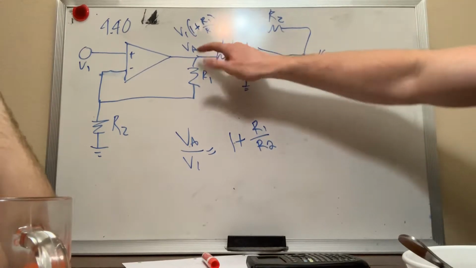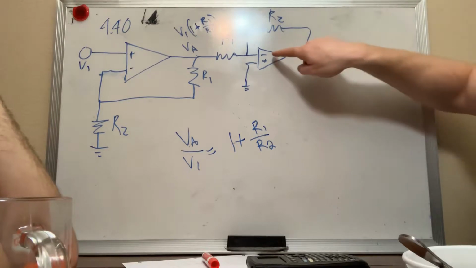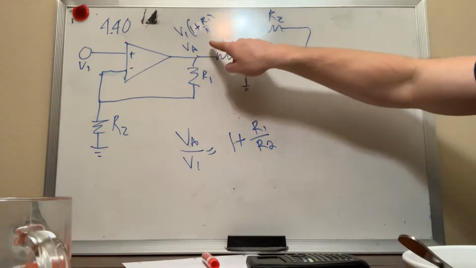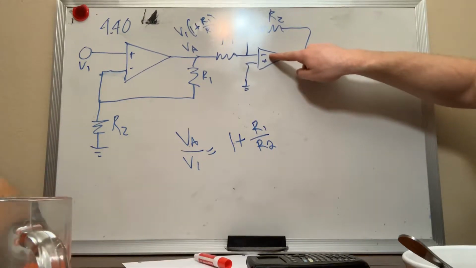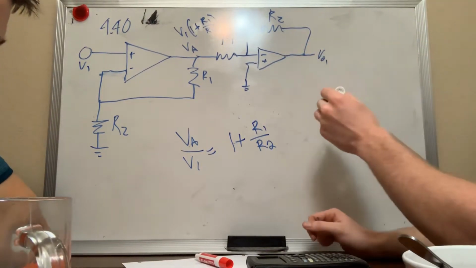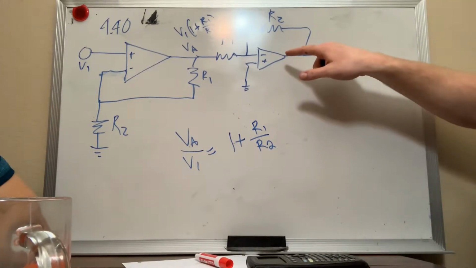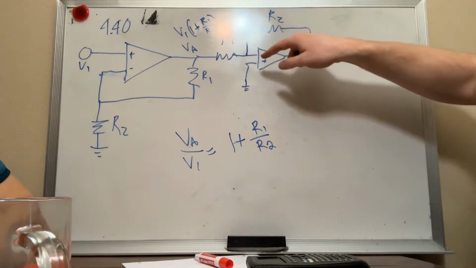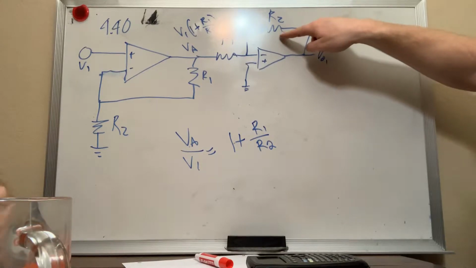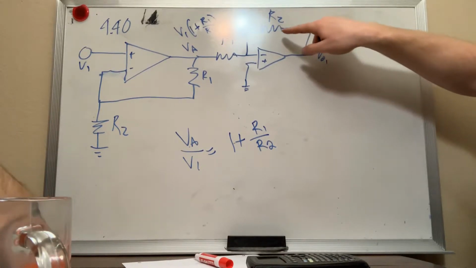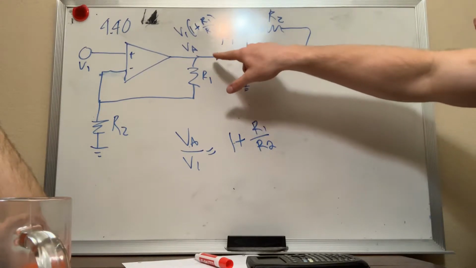So that's the voltage that's right here, and it's the voltage that's going in to the next op-amp stage. Now this stage is different, right? The source, or this voltage right here, is going into this inverting input, the negative input. And we know that the gain of an inverting op-amp stage with negative feedback, of course, is negative R2 over R1, or in other words, the negative of the feedback resistor divided by the source resistor, if you will, right?